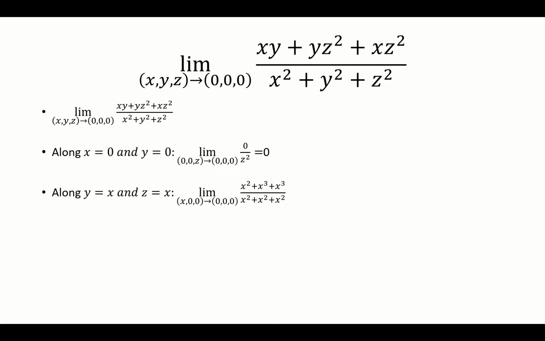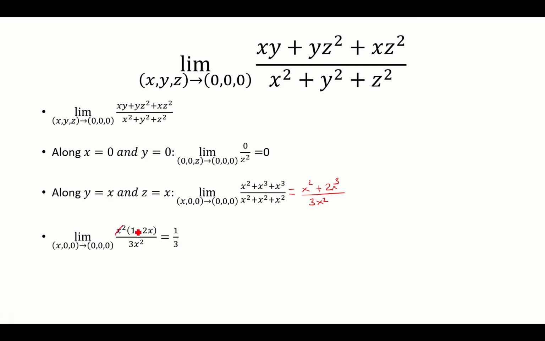And now we're going to convert everything into x. So we'll say y is x and z is x. So we have x squared plus x cubed over x squared plus x squared plus x squared, which really simplifies to x squared plus 2x cubed over 3x squared. And then from here, we can factor out an x squared from the top.